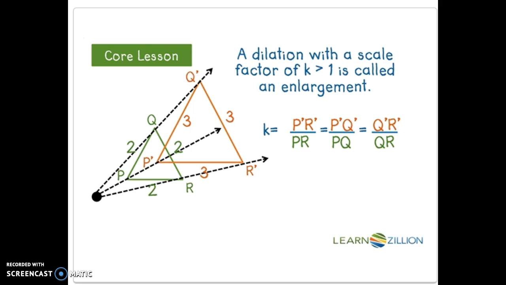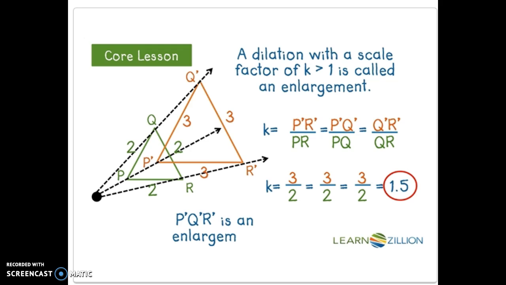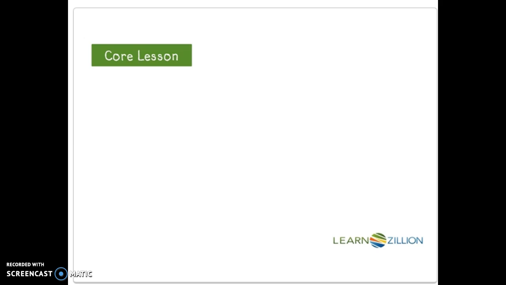When we look at the side lengths, K equals 3 divided by 2, equaling 3 divided by 2, equaling 3 divided by 2. They all simplify to 1.5, therefore the scale factor is 1.5. And P prime Q prime R prime is an enlargement that is 1.5 times as large as PQR.